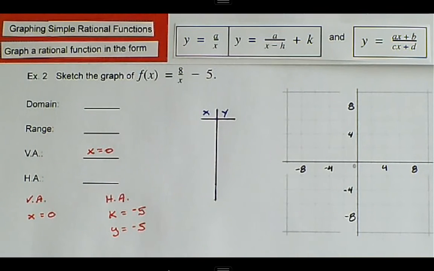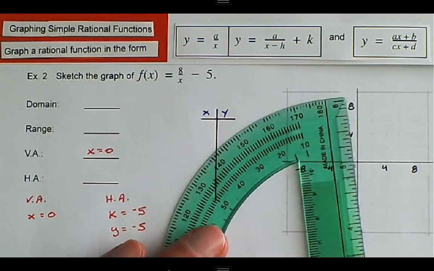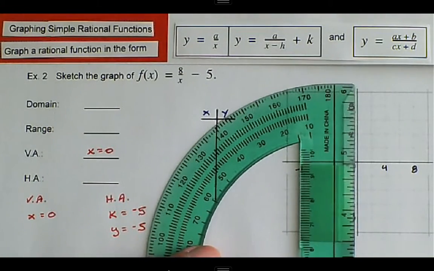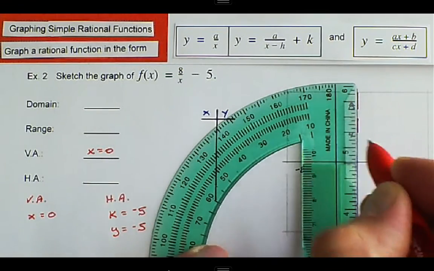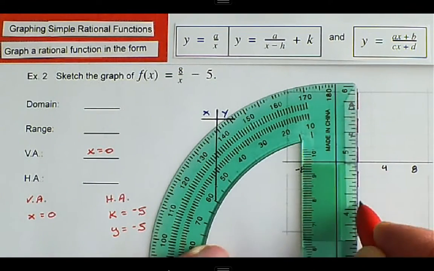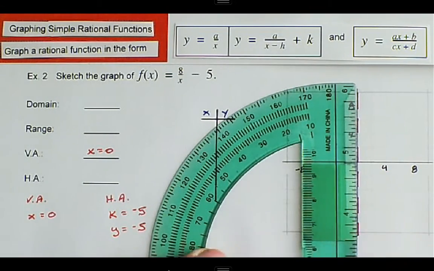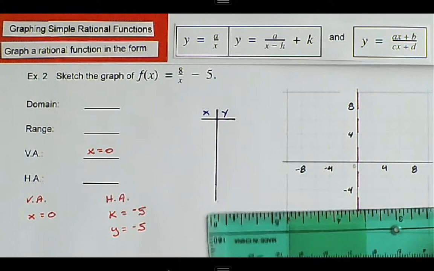And so we can graph these two asymptotes. So we have x equals 0. And then we have y equals -5.